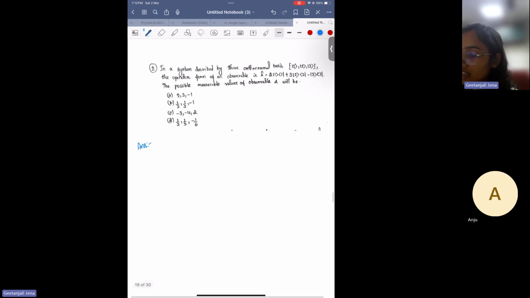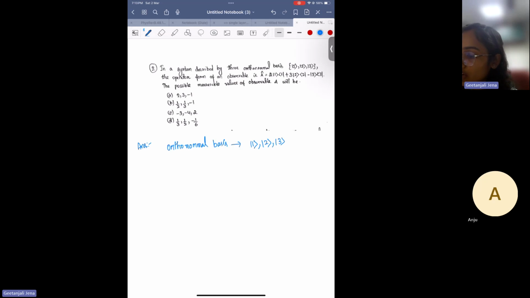It is given a system described by three orthonormal bases, |1>, |2>, and |3>.